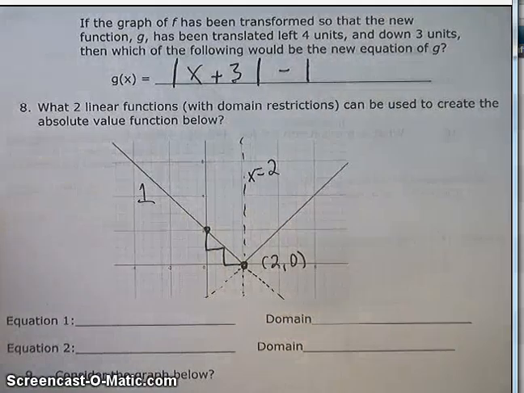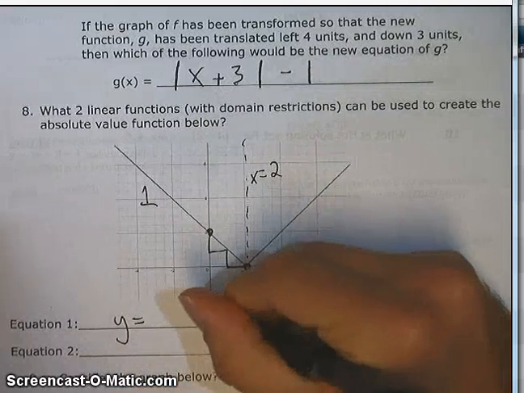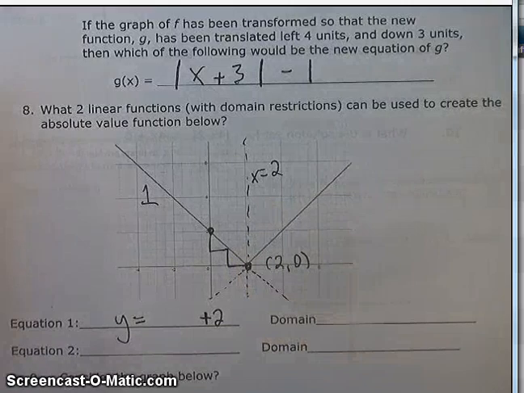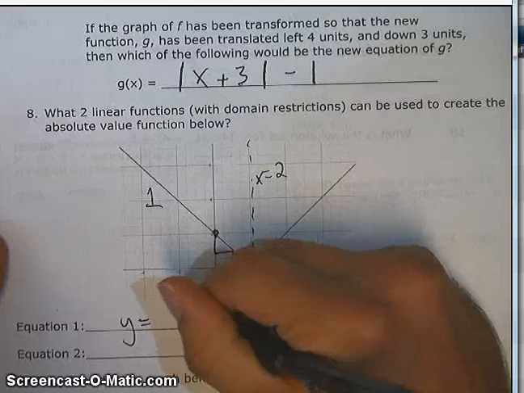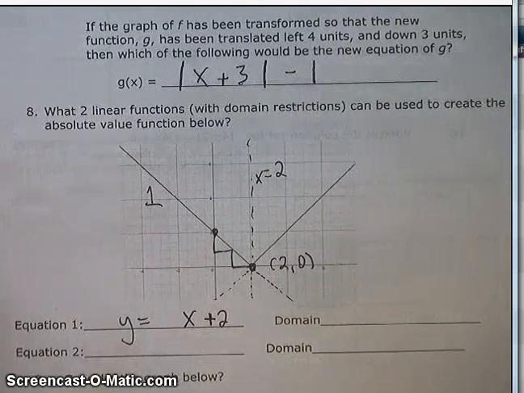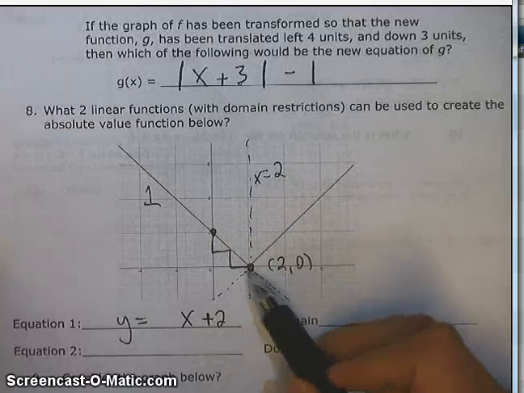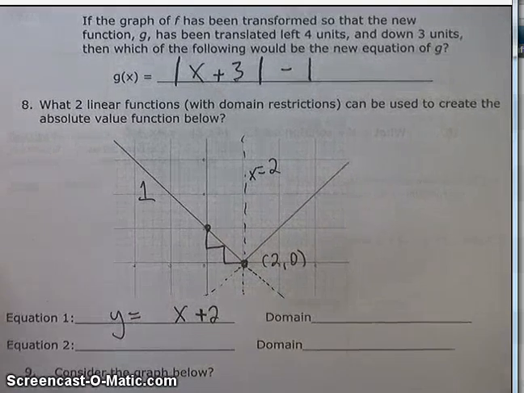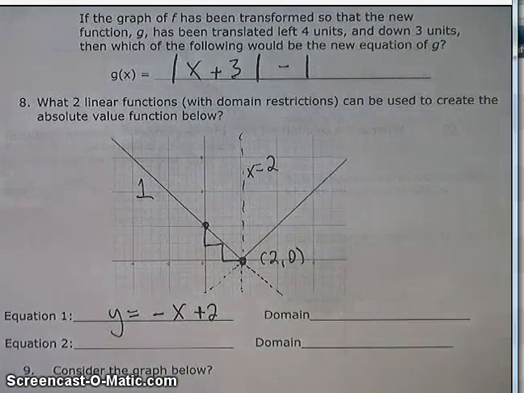So that equation is y equals something plus 2, because the y-intercept is 2. In slope-intercept form, it's going to have an x, and the number in front of the x is simply the slope, down 1 over 1. So the slope is 1, but it's going down, so it's negative. So that equation is y equals negative x plus 2.